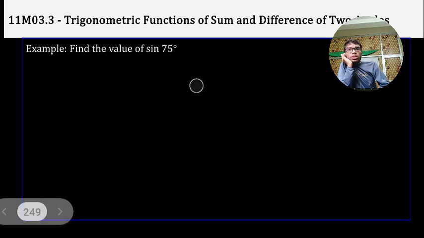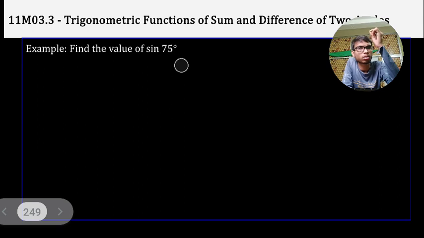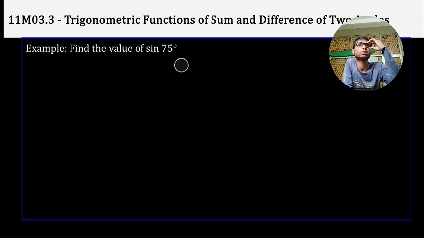Find the value of sin 75. We know that this is not an exact 90, 60, 45, not even 100. But we can say the sum of these would give us how much? For example, can we say 60 plus 15? Is it giving us 75? Yes.